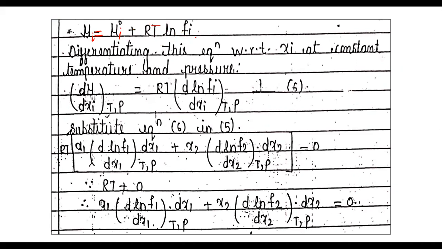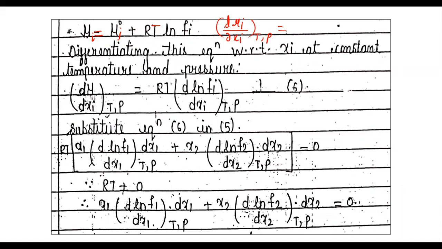Now we differentiate this equation with respect to xi. So it is written as d mu i with respect to xi at constant temperature and pressure, since every time we consider temperature and pressure constant.